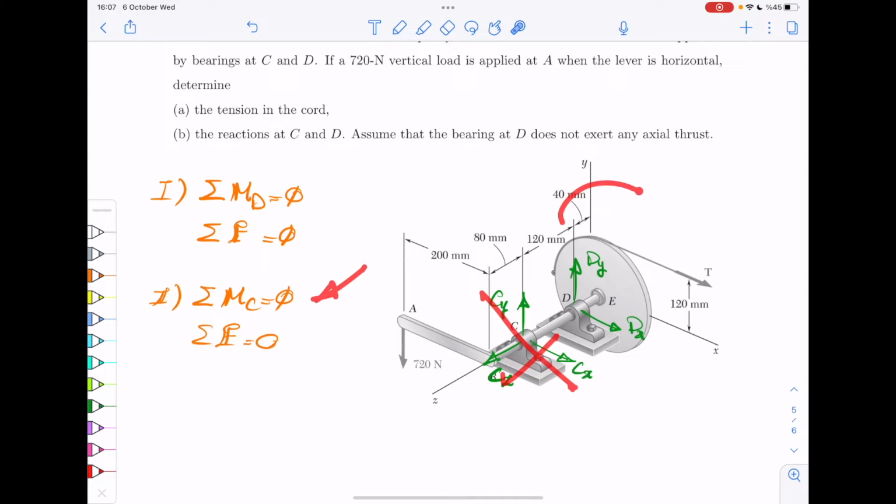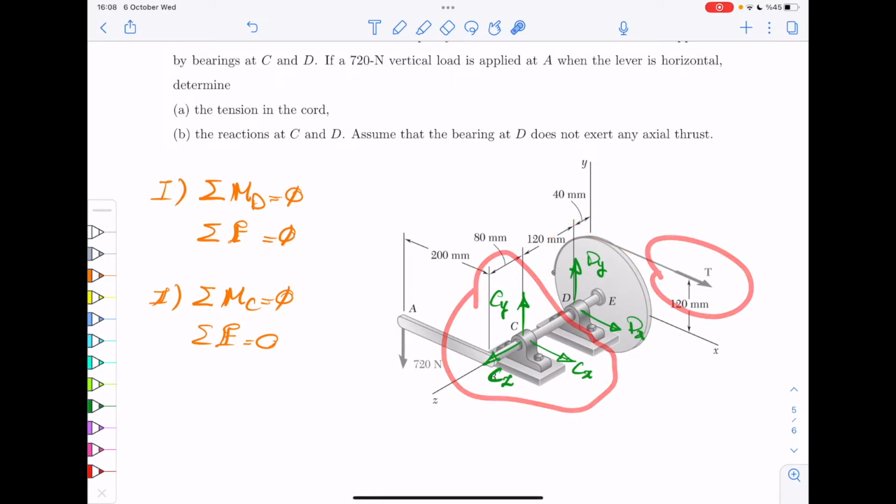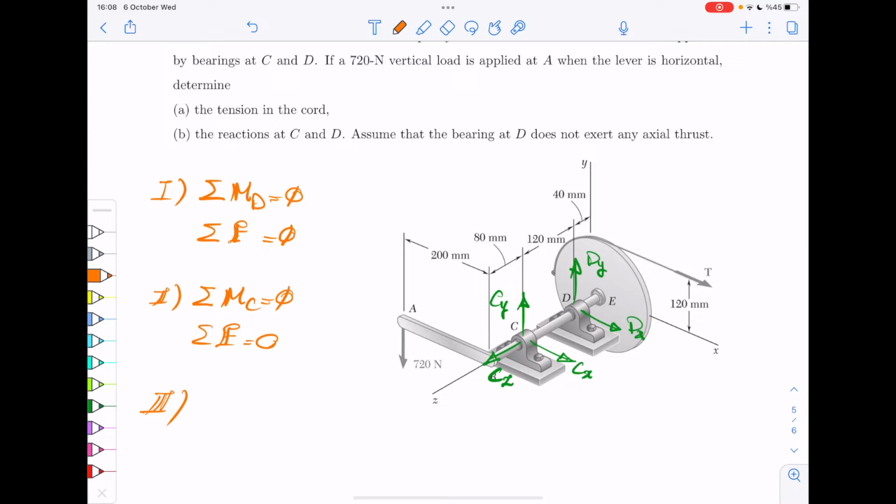So you would end up with a system which is three equations, three unknowns. Okay? So this makes more sense to do it like that rather than the first way. If you write it with respect to D, then you would have four unknowns eventually and three equations, so you need the fourth. Does that make sense?